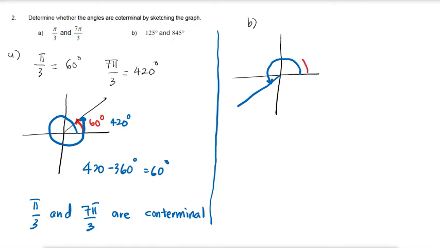One cycle we get 360, and we add another 360. Then we continue until we get 845, so it will stop here.